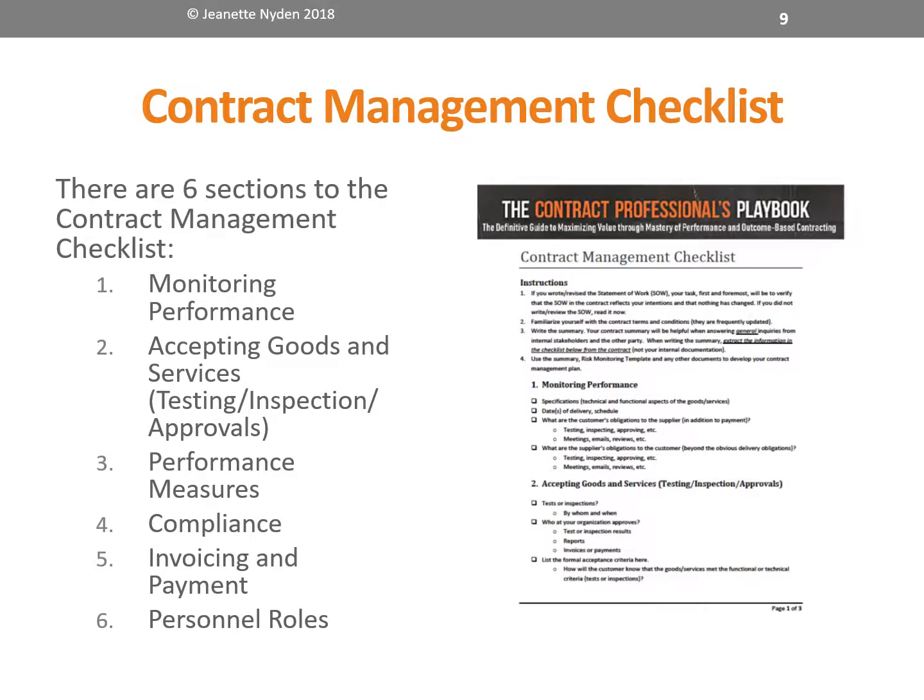In order to develop that role of administration, monitoring, and relationship management, I prefer to use a checklist. This is from the Contract Professional's Playbook, the checklist on the right. There are 6 sections to the contract management checklist: monitoring performance, accepting goods and services, performance measures, compliance, invoicing and payment, and then personnel roles. So you have to start looking at these.